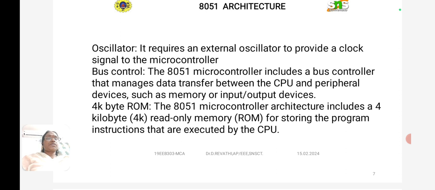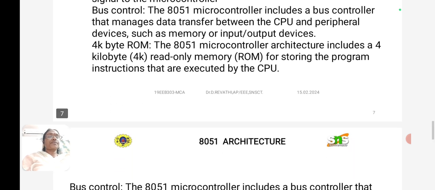And bus control: the 8051 controller includes a bus controller that manages data transfer between the CPU and peripheral devices such as memory or input output devices. 4 KB ROM: the 8051 microcontroller architecture includes a 4 kilobyte read only memory for storing the program instructions that are executed by the CPU.